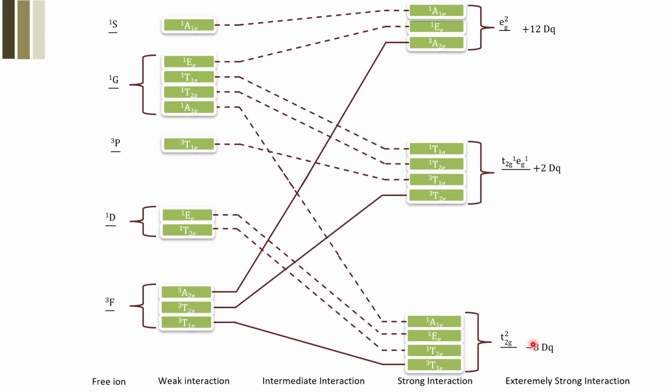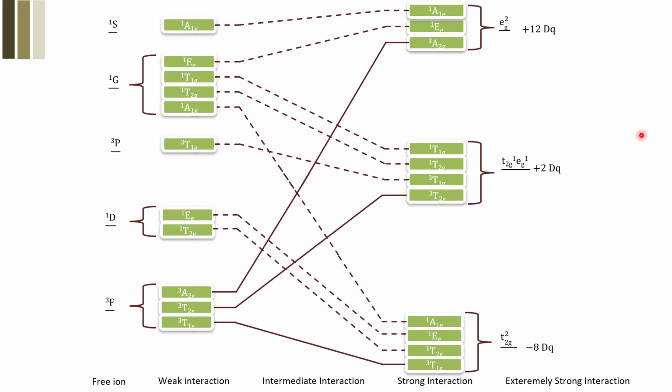By simple connection with the terms and spins, we have been able to find that T2g2 is equivalent to 1A1g, 1Eg, 1T2g, 3T1g, and so on. Similarly, T2g1 Eg1 gives 1T1g, 1T2g, 3T1g, 3T2g, and Eg2 gives 1A1g, 1Eg, and 3A2g.